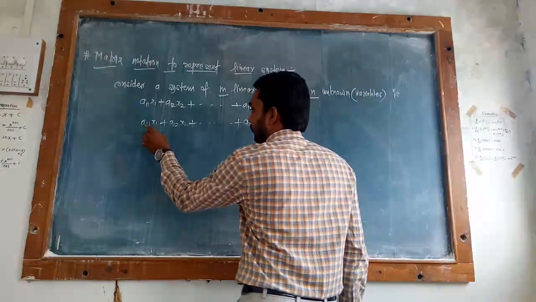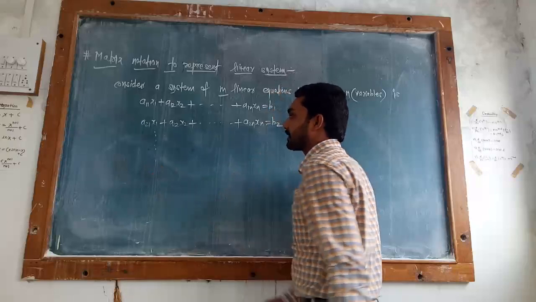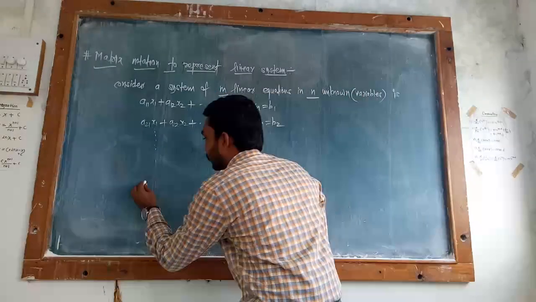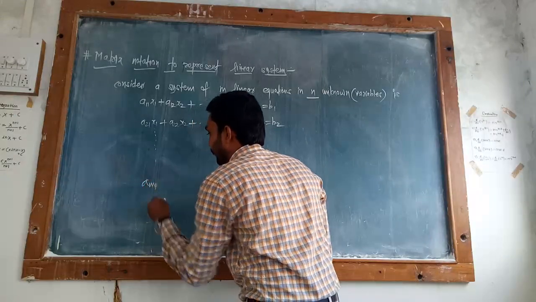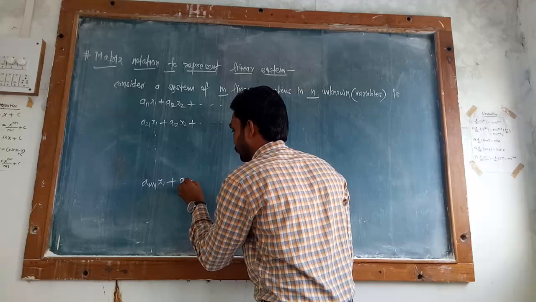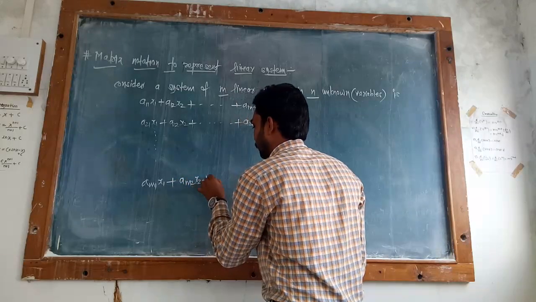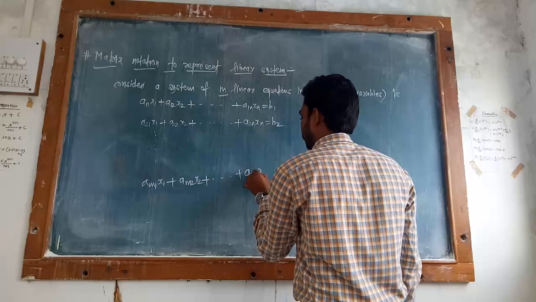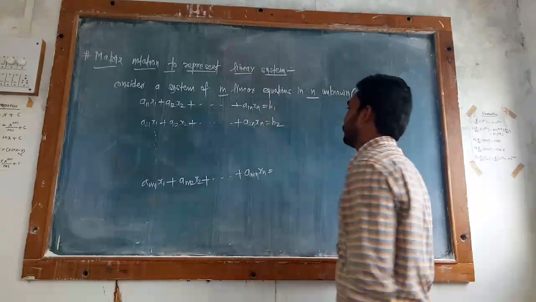Similarly, in this way, this is the first equation, this is the second equation. How many equations do we have? This is m equations. So the last equation is am1 x1 plus am2 x2 plus up to amn xn, and the right side is b1, b2.